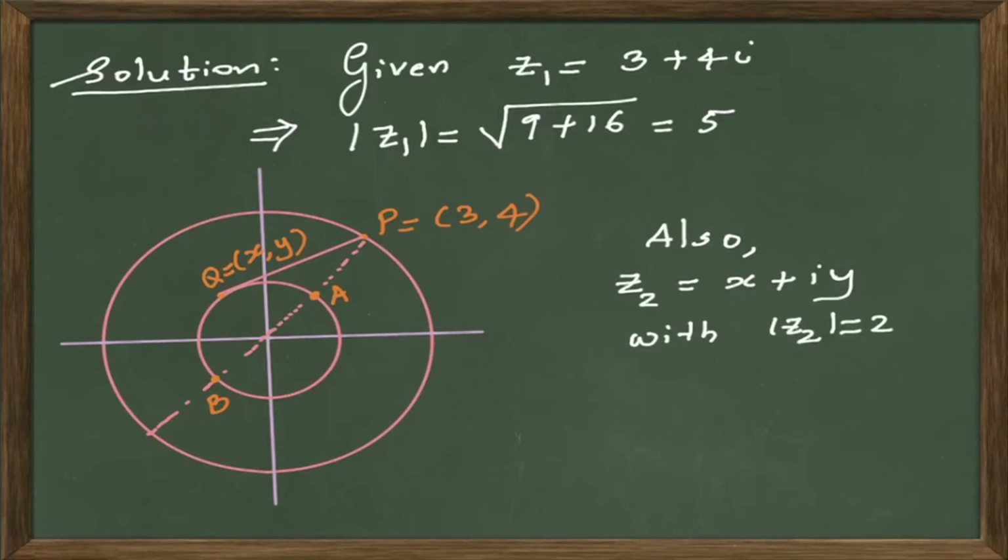These points A and B are nothing but the endpoints of the diameter of the inner circle passing through the point P.